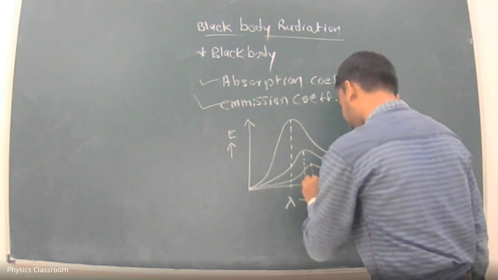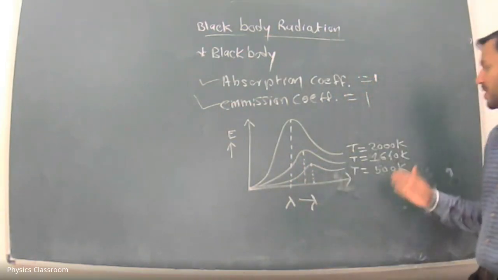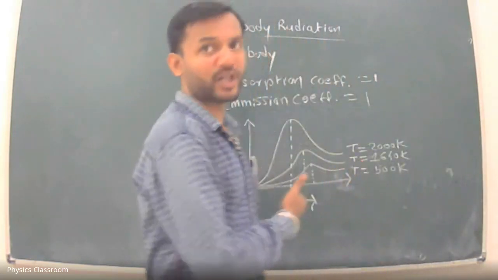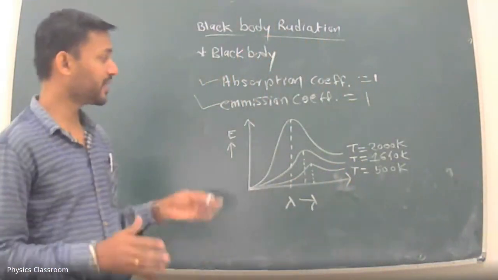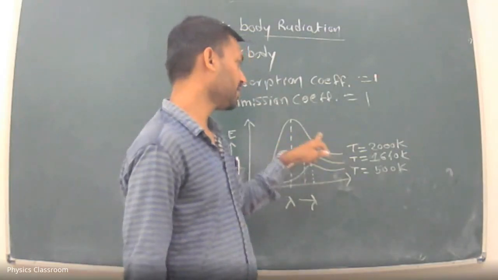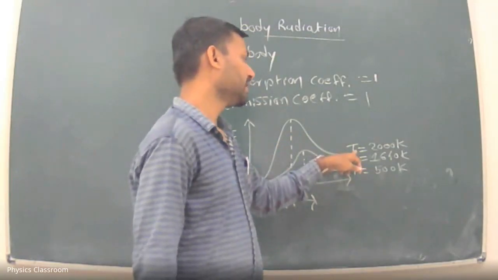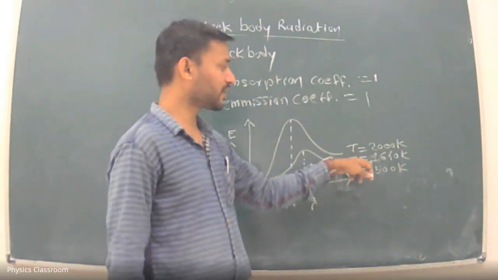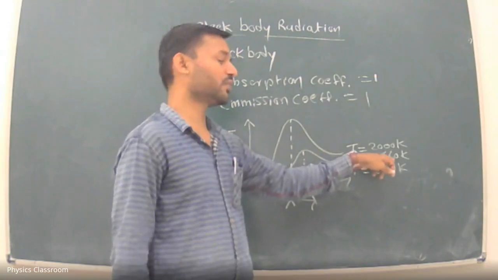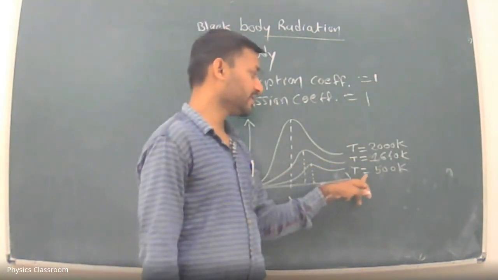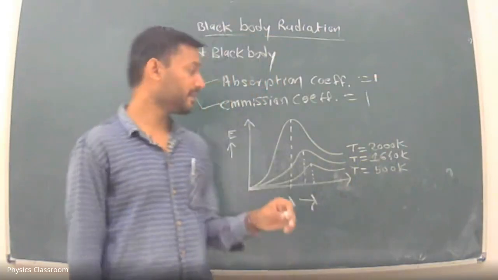What happens when we study the black body distribution law? In this plot, the first captures T is equal to 2000 Kelvin, the second captures T is equal to 1640 Kelvin, and the third captures T is equal to 500 Kelvin.